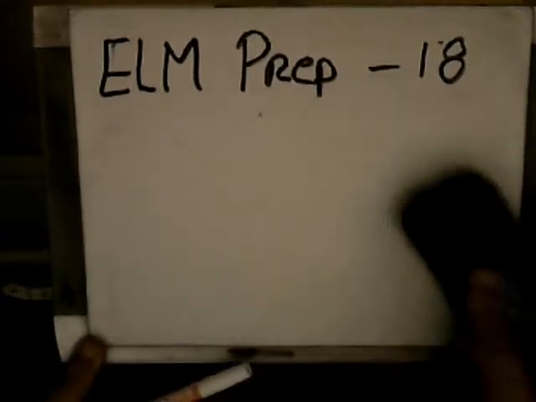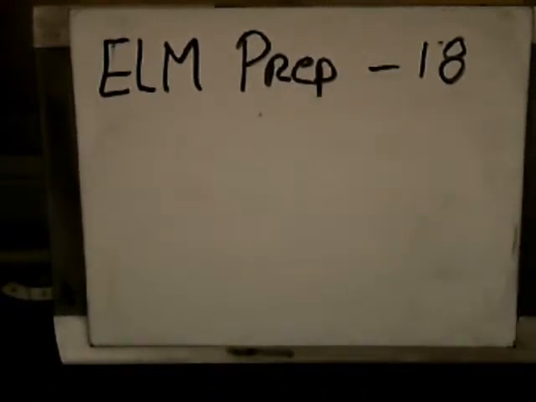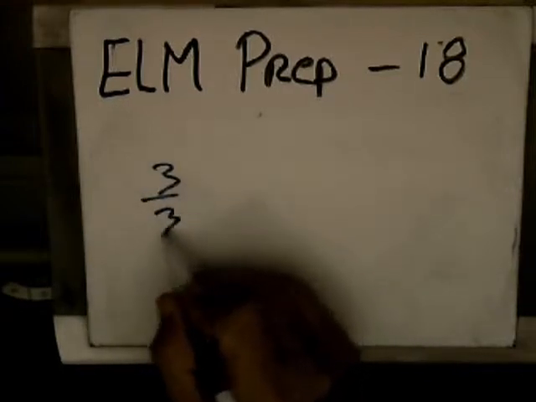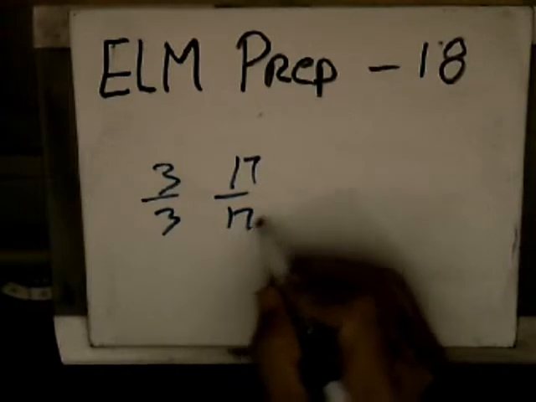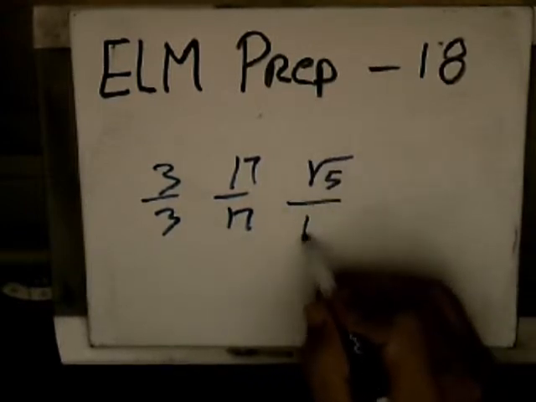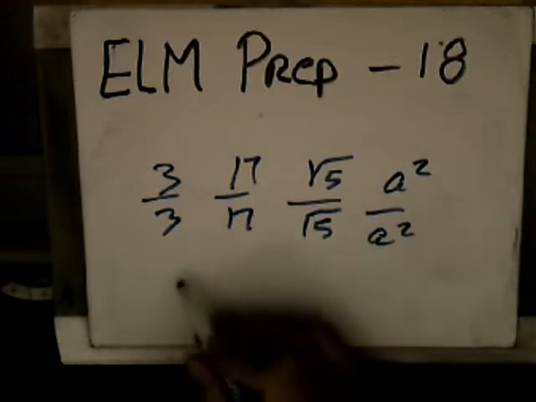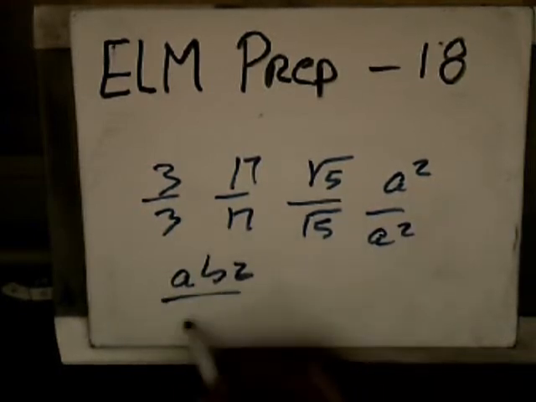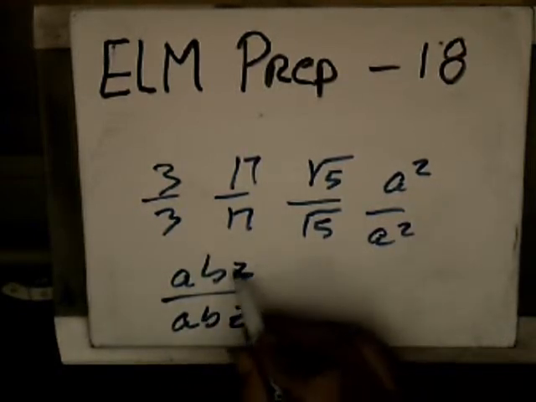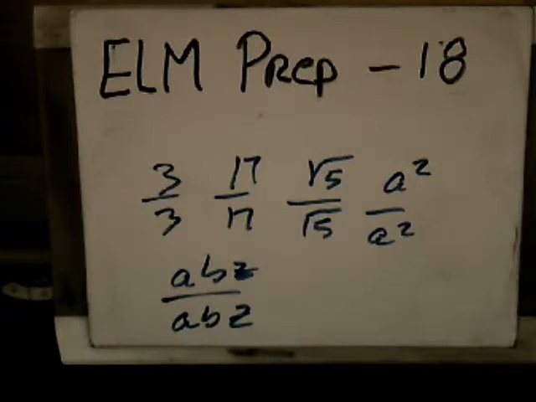Now, 1 is the universal number, as I call it. 3 over 3, 17 over 17, square root of 5 over square root of 5, a squared over a squared, abz over abz. If the top and the bottom are the same, it all equals 1.